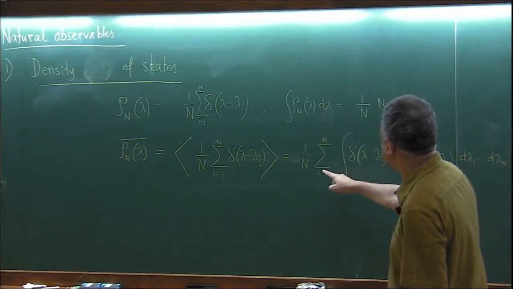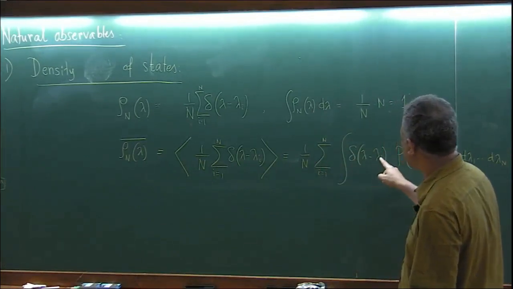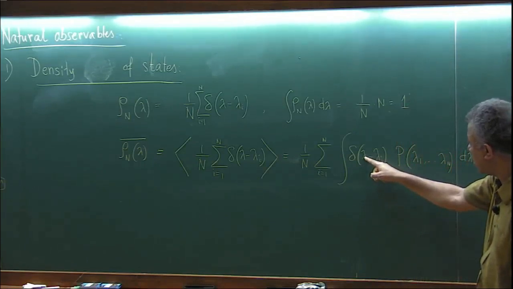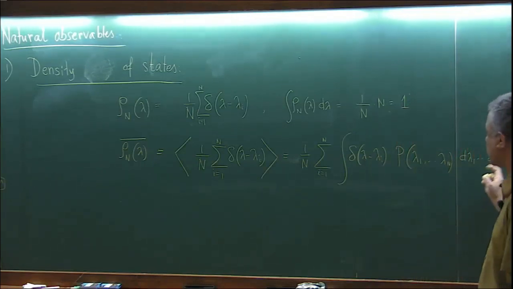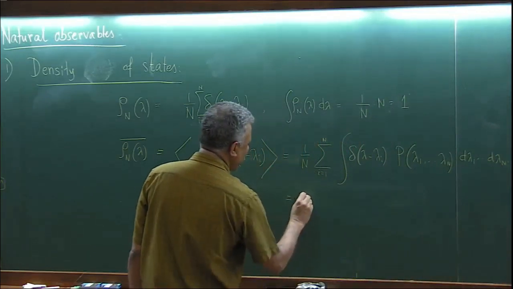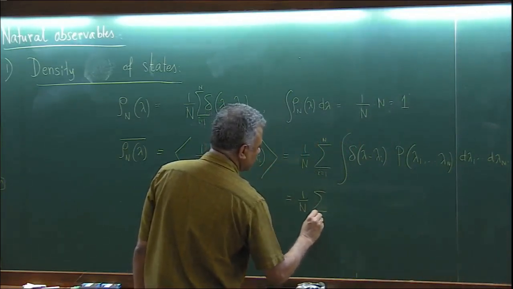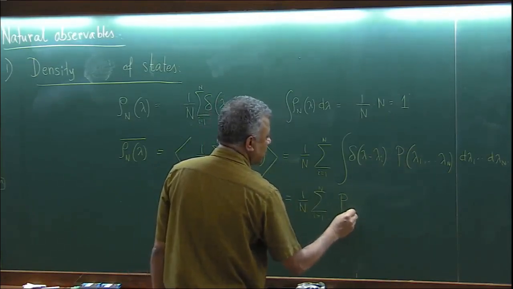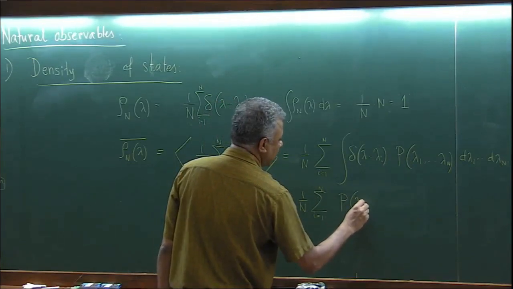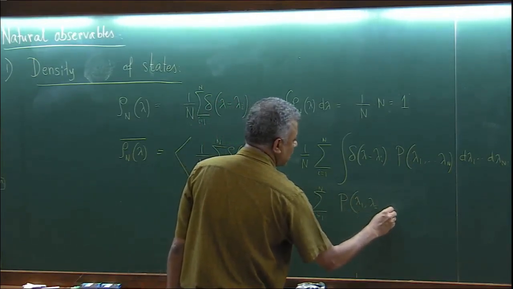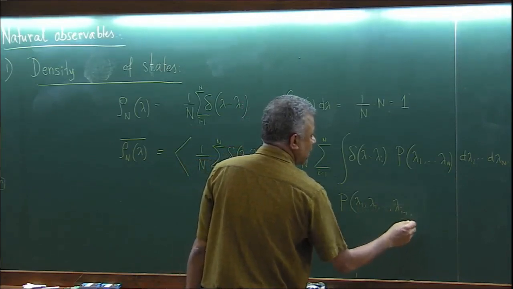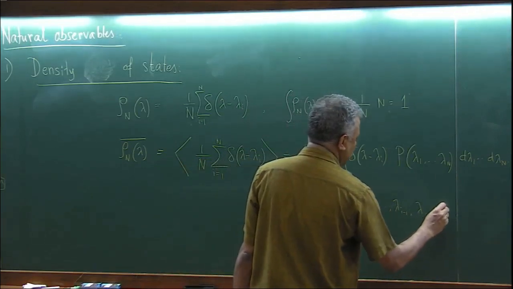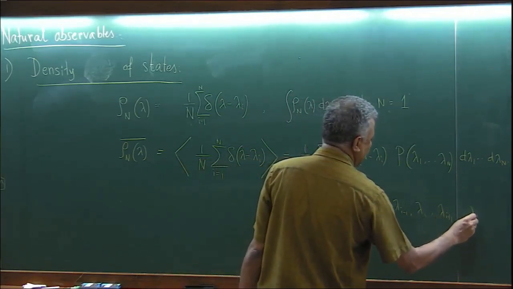So take a particular member of this sum, let's say i equal to 1. So i equal to 1 means that I fix lambda 1 to be at lambda, and I integrate over all the other guys, right? So let's just do it carefully. So this integral will be p of lambda 1, lambda 2, ..., lambda i minus 1, and then lambda i, times lambda i plus 1, ..., lambda n.